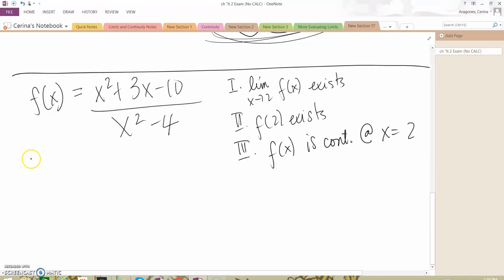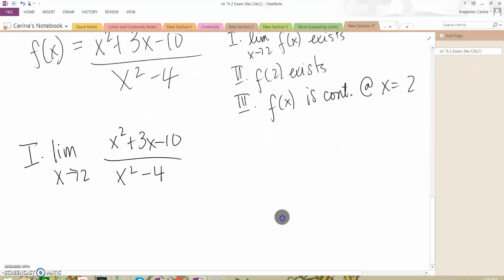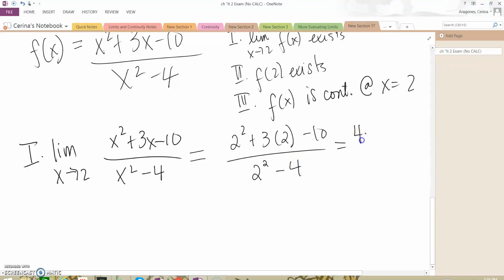So you had to determine which of these statements are true. Let's test the first statement: the limit as x approaches 2 of x squared plus 3x minus 10 over x squared minus 4. If we plug in 2 into our function, we would get 4 plus 6 minus 10 over 4 minus 4, which is 0 over 0.